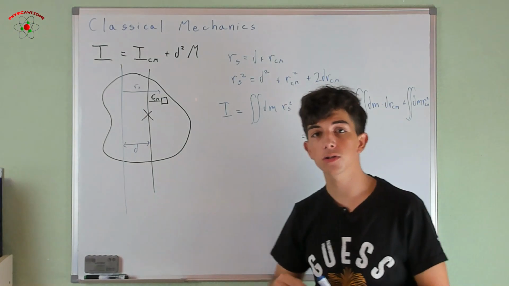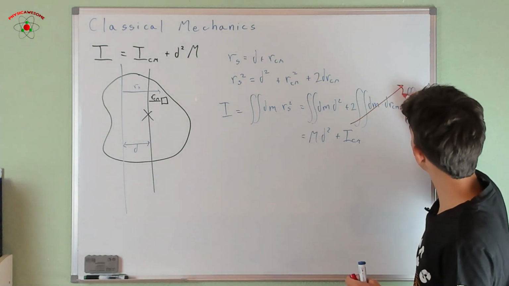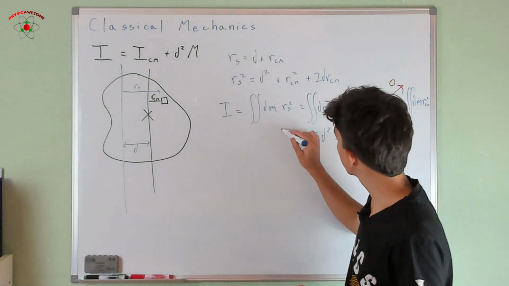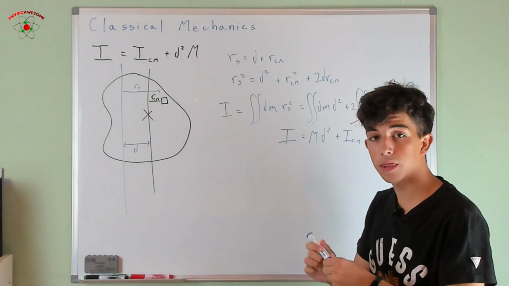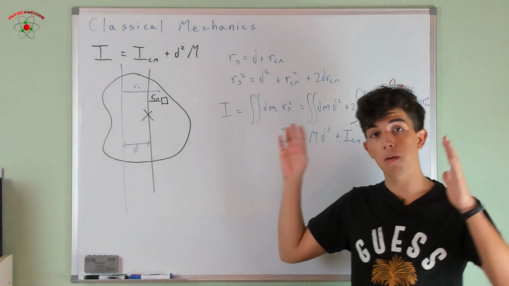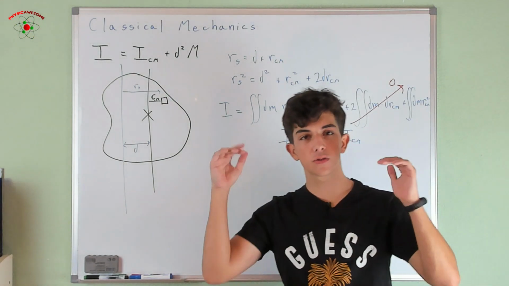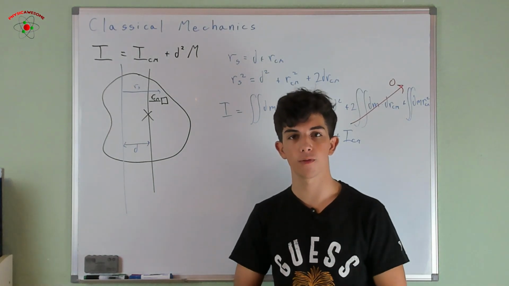Therefore, this is just going to be equal to 0. And just like that, we have proven the parallel axis theorem. It's a very powerful theorem with a very simple proof, and it's really, really helpful.